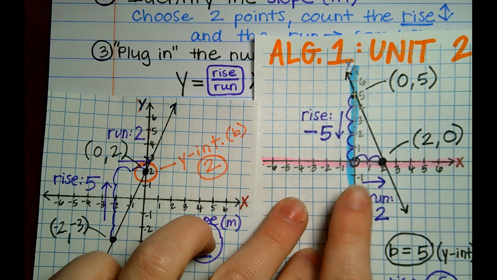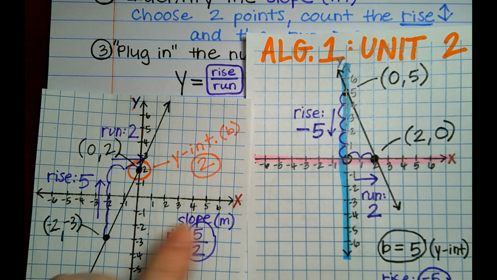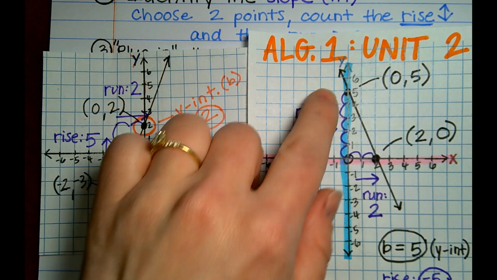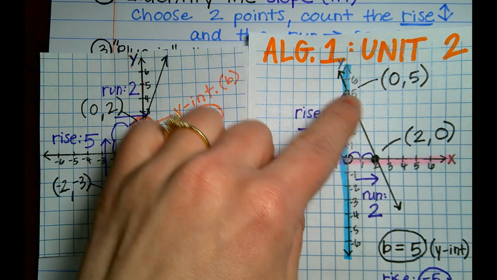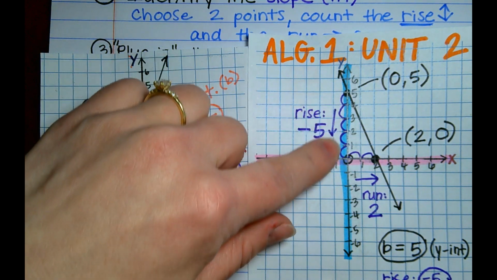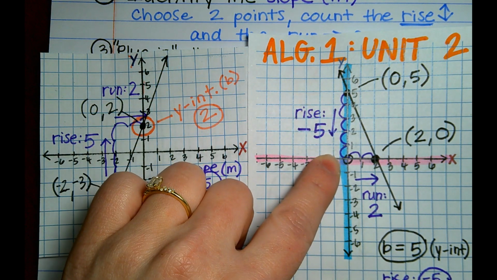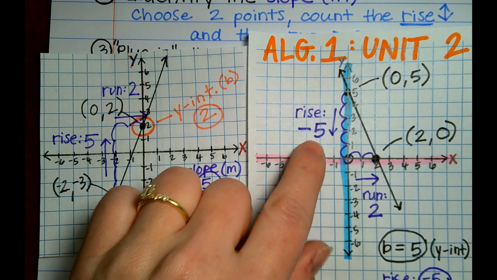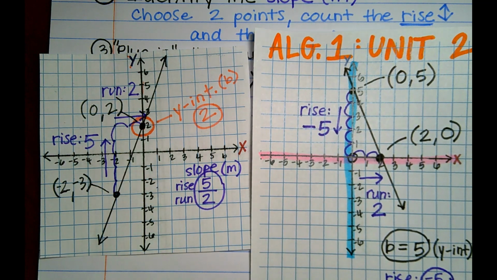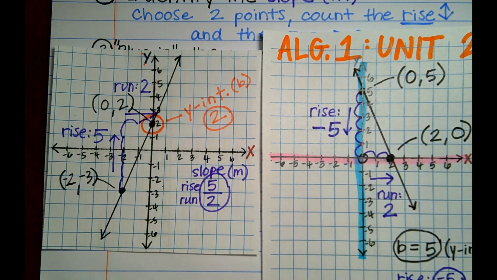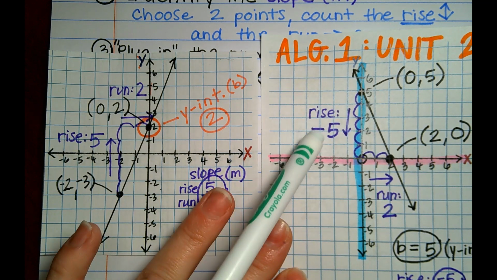For instance, like this problem that we did right before this. From left to right, our first point, we had to go down to get to the second point. And that is when we would get a negative slope. So it depends on which way your line is facing. And something else to notice is, let's say you don't put -5 as your rise here.